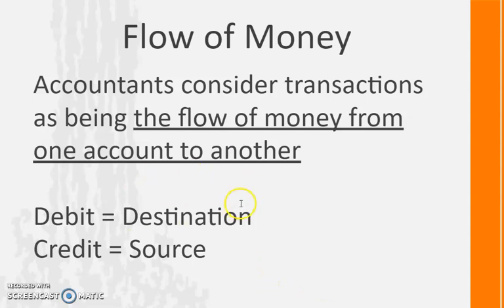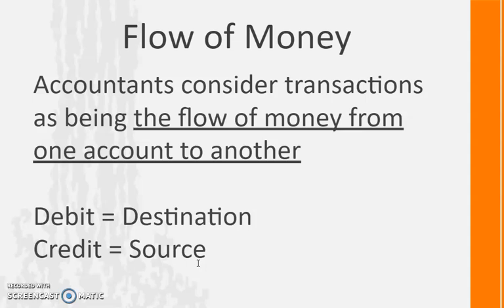If you think of it this way, then the debit is the destination of the money. That is where that money is going. And the credit is the source of the money. That's where it started. So as you record a transaction, you credit where the money once was, and you debit to where it is now.